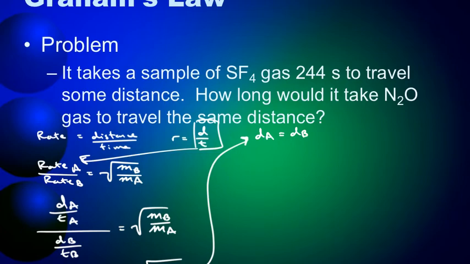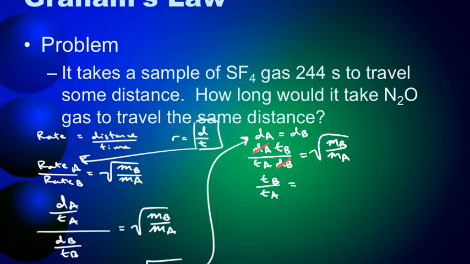And if that's true in this equation, dA and dB are going to cancel. What I'm left with then is the equation of time of B over time of A equals the square root of molar mass of B over molar mass of A.